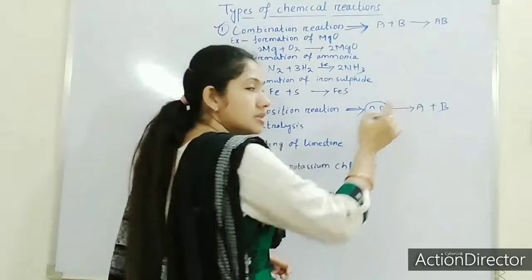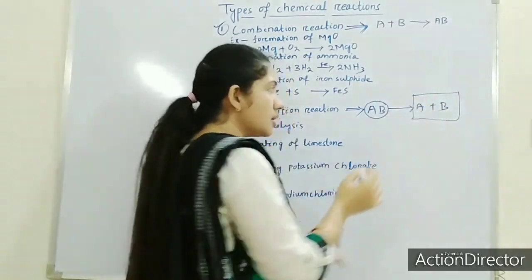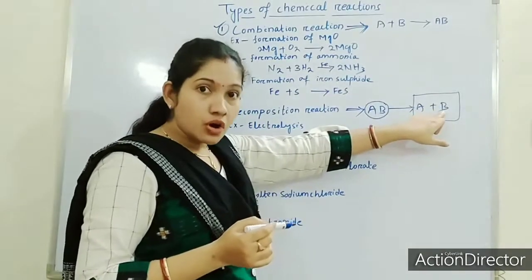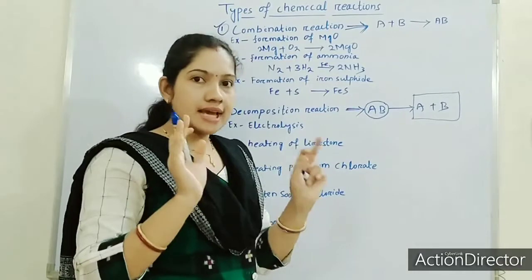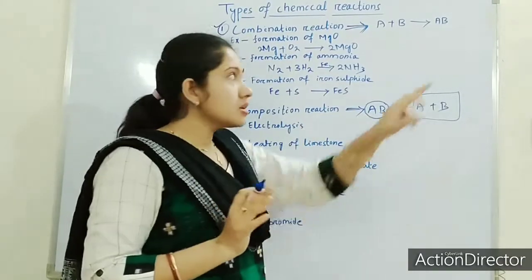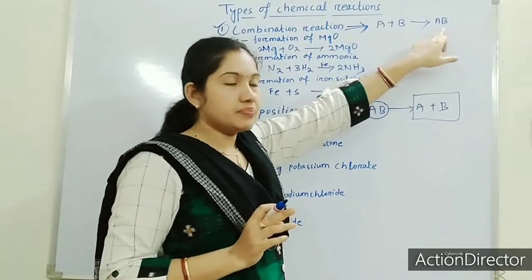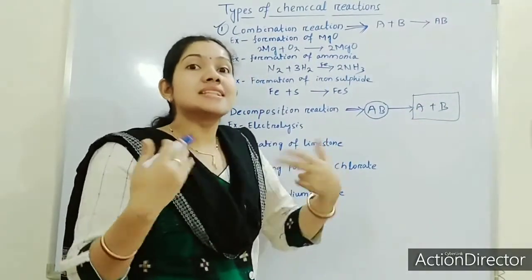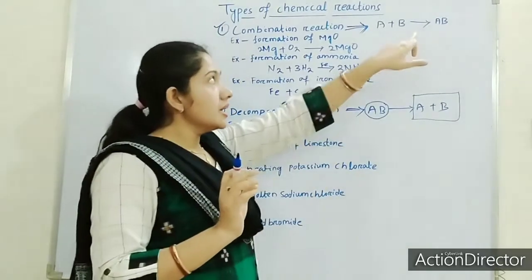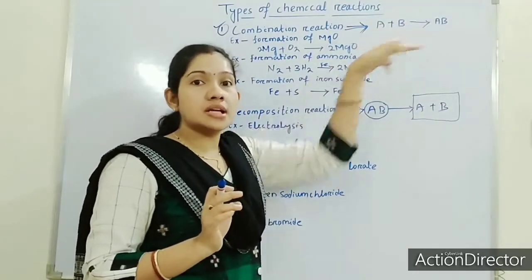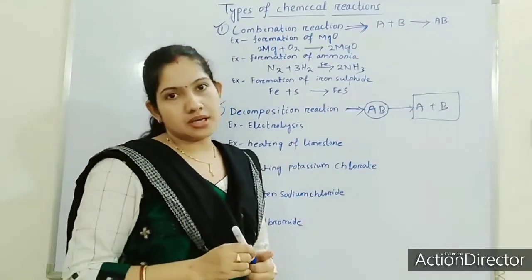See here the most important thing: the product which will be formed on this side, we cannot say properly as a product, because we are using the name product for the formation of a new substance. Here no synthesis occurs. Just listen carefully. In a combination reaction, synthesis of a new product is taking place, but here no synthesis of a new product is taking place.